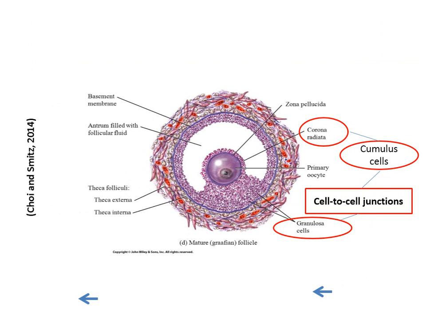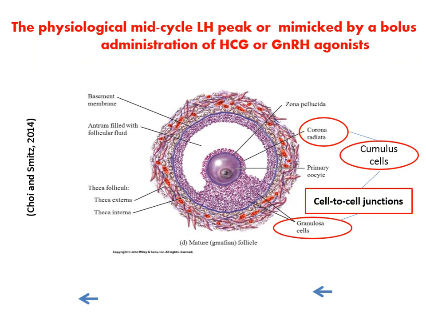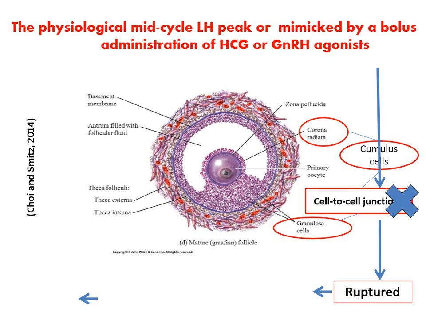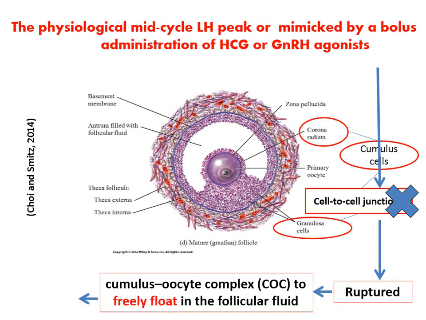But at the time of ovulation, when there is a surge of LH, and this can be mimicked by a bolus of HCG or GnRH agonist, these cell-to-cell junctions start to become loose, not tight. So the complex between the oocyte cumulus and the basement membrane starts to separate, and the oocytes are free now inside the follicular fluid.